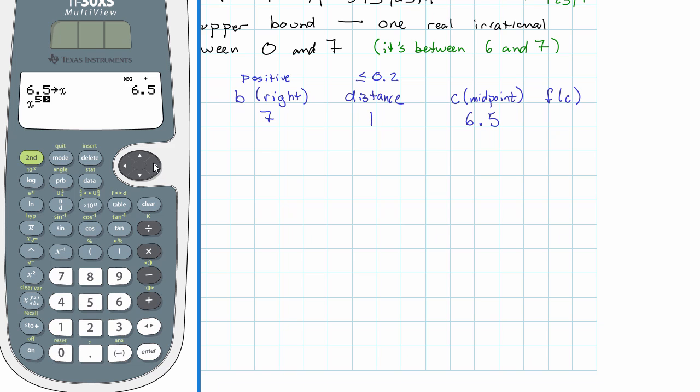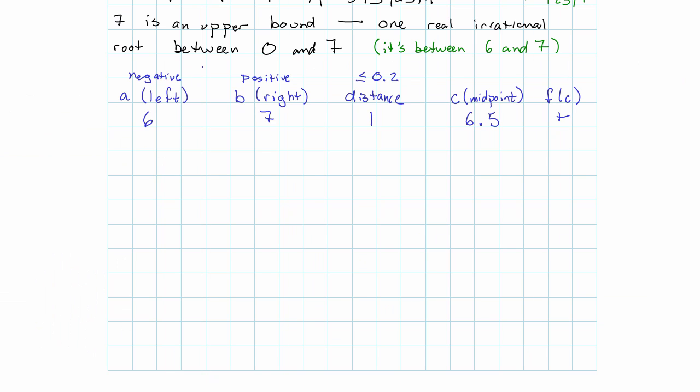X to the 5th minus 6x to the 4th minus 7. And that's positive. 6.5 is going to be my new right endpoint. Left endpoint stays at 6. Those are 0.5 apart. And the new midpoint is 6.25.